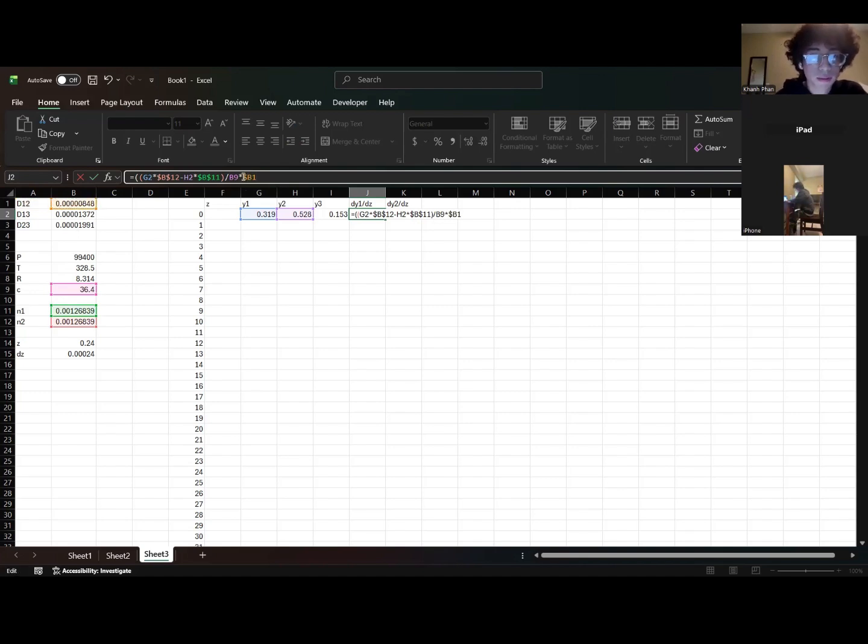Then I'm going to add the dollar sign for both just to lock it in. And then we're going to add Y1 times N3 minus Y3 times N1.